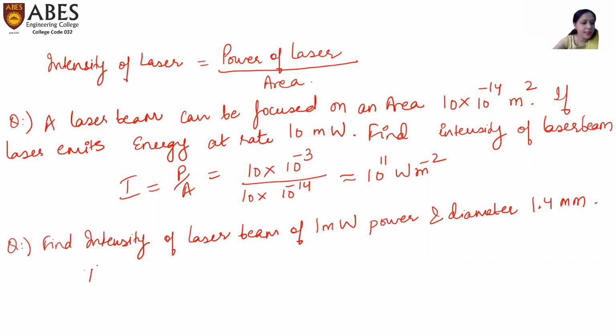Then in this case, intensity will be P upon pi r square. So r is here 0.7 mm. So on calculating this, we are going to get 6.5 into 10 raised to the power 2 watt per meter square. So these are a few numericals which we have done for laser.